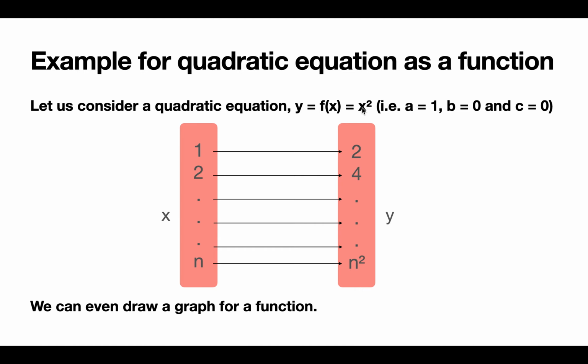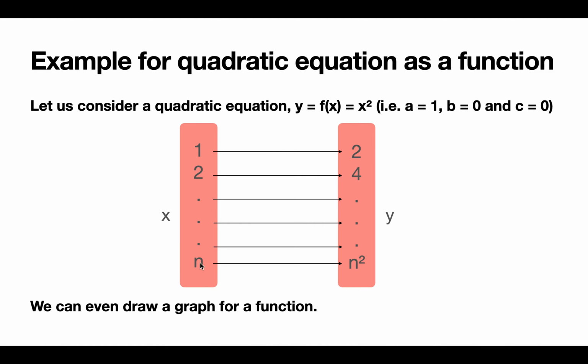From this, we'll make a set for x, and we'll make a set for y. If you note, you can see that for every value of x, there is a value for y. If I put x as 1, x squared is 1. If I put the value of x as 2, x squared is 4.